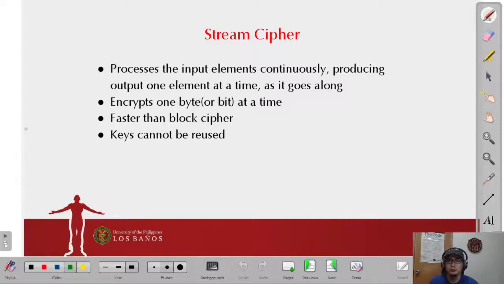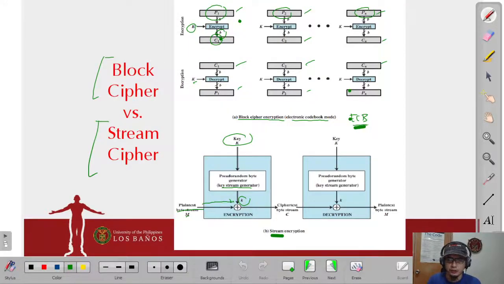Okay, so here are the properties for the stream cipher. It encrypts 1 byte or 1 bit at a time. As I mentioned, this small k here can either be a byte or a bit.